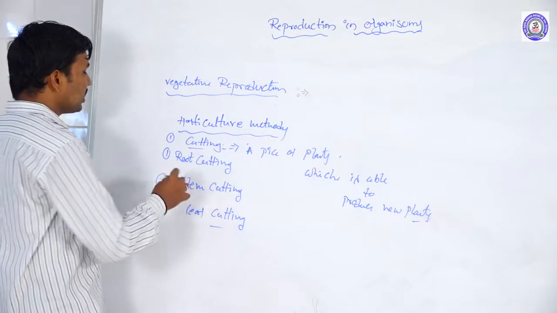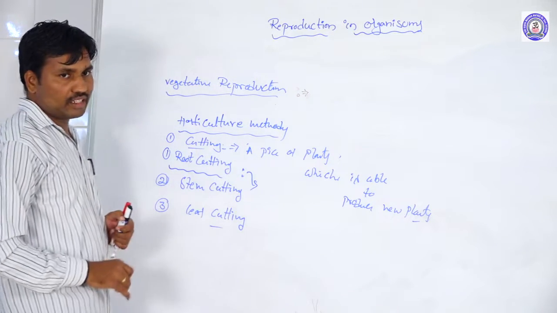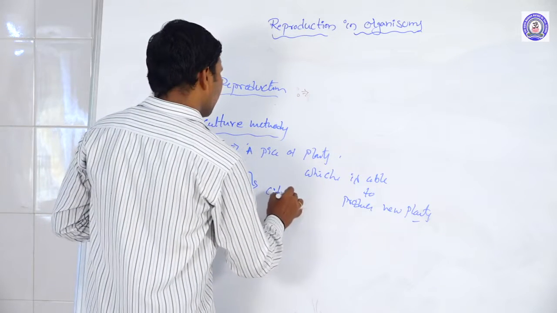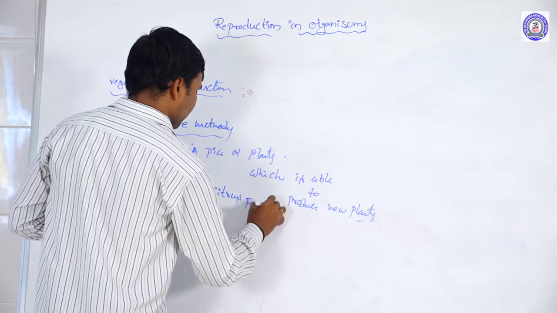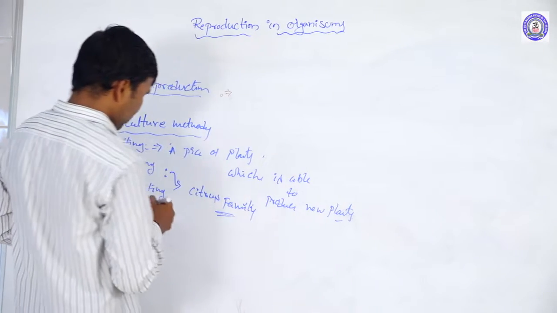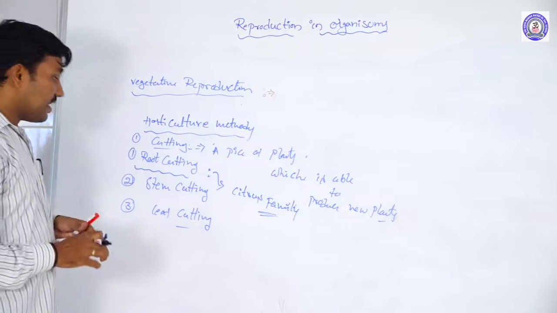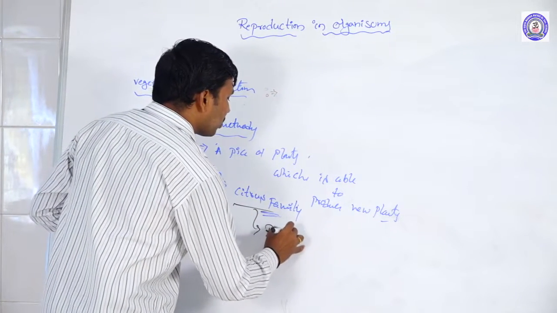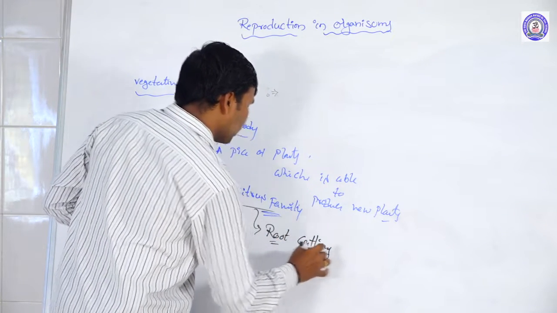The first one is the root cutting, used for plants like the citrus family: lemon, orange. Citrus family plants are generally developed by root cutting only.